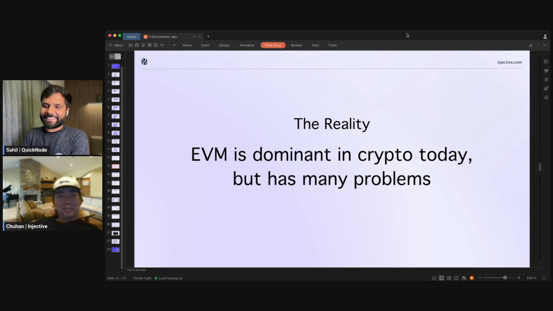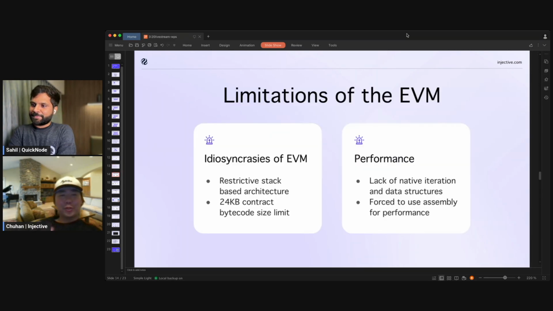I know how to write smart contracts in Solidity. That's a reality. But we also know there are a lot of limitations of the EVM and Solidity, including but not limited to a restrictive stack-based architecture, only a 24 KB contract byte size, and performance that is not that good compared to a 25K TPS chain.